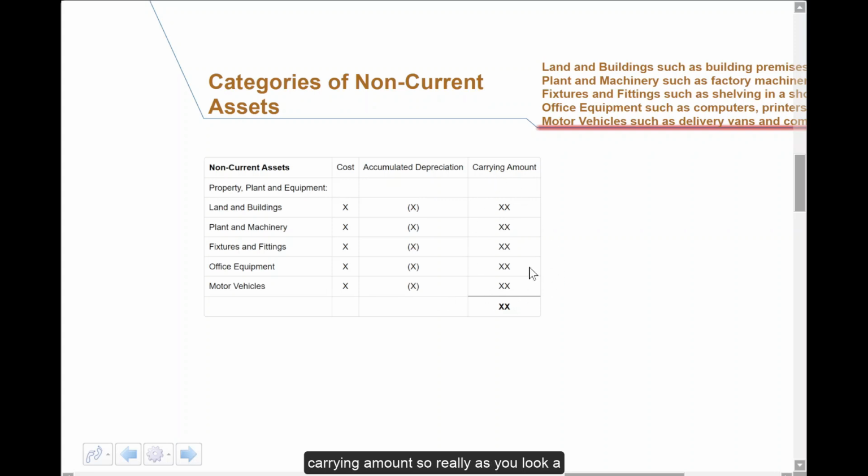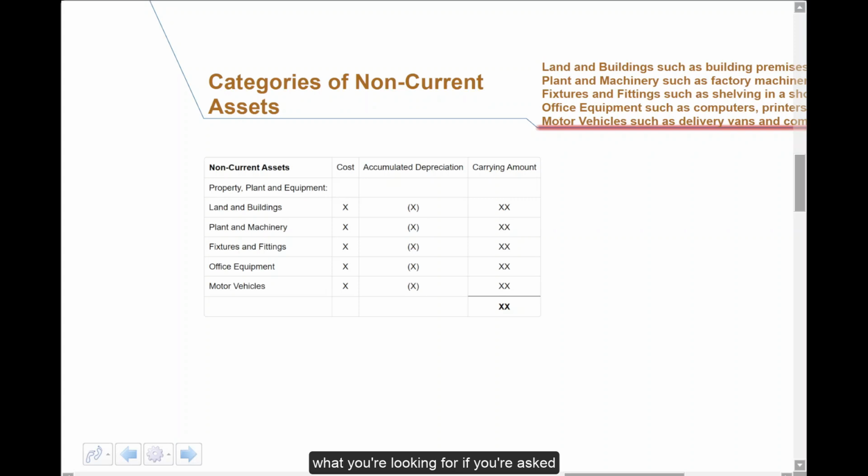So as you look at a set of accounts over the course of 1, 2, 3, or 4 years, you'll see these areas changing, because there'll be new plant and machinery purchased, new office equipment purchased, but also the accumulated depreciation over time on each class of asset will rise, and therefore the carrying amounts will fall.